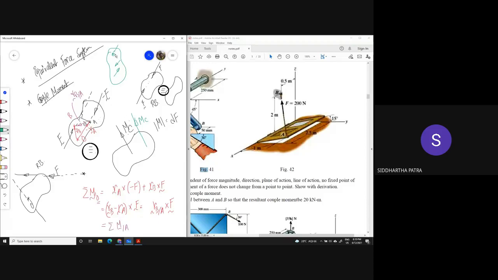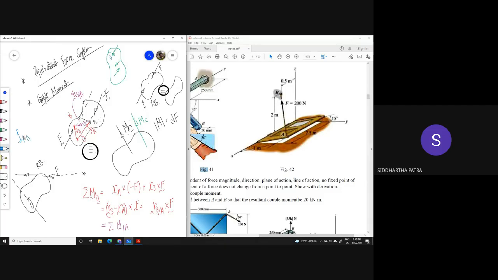Now this pivoting location is arbitrary. I can choose to put the pivot anywhere, and for any pivot location, the same couple moment because of these two forces would be there. Typically, once you have a pivot point, which I'll call O, you try to get the mass moment of inertia about that pivot point.